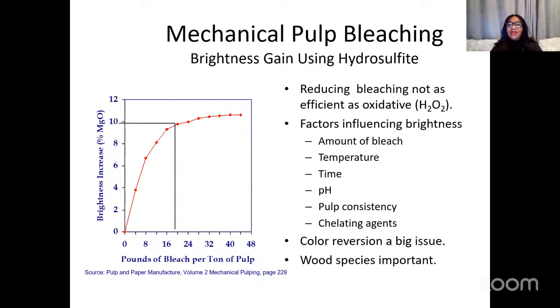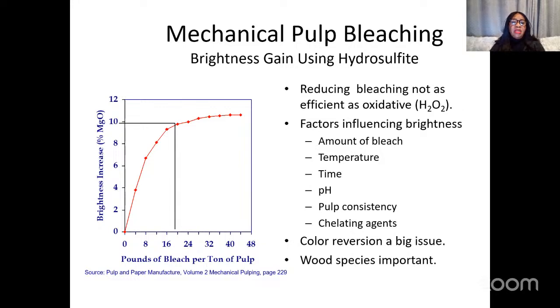And these are the factors that affect and influence brightness: the amount of bleach added, temperature, time, pH, pulp consistency, and chelating agents. So in this case of reducing pulp bleaching, as you have seen, color reversion is a big issue because it's what must happen. Another thing is the species of wood that is used. It's also important.